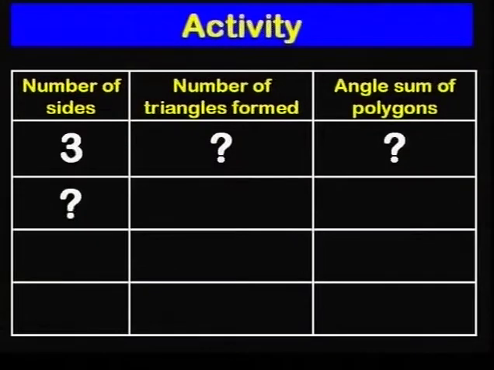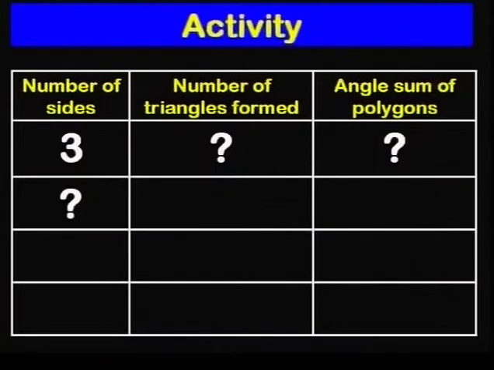The second column, the number of triangles formed. The third column, angle sum of polygons. Below each column, each row has a question mark. Now, we are going to find what is missing in those spaces.